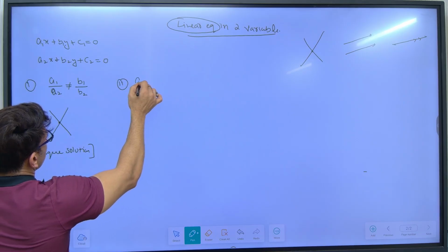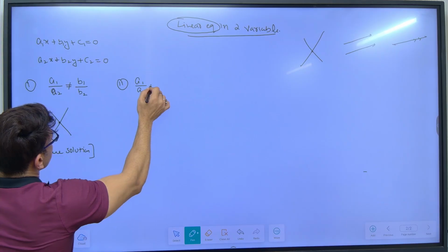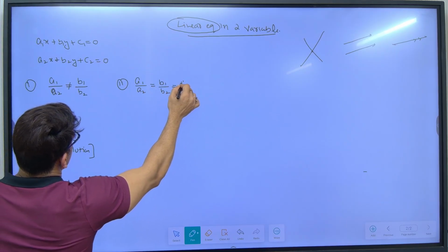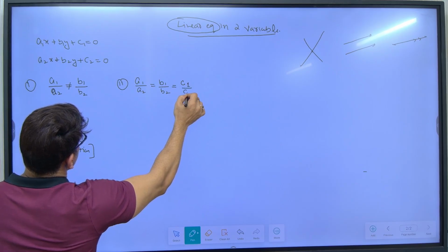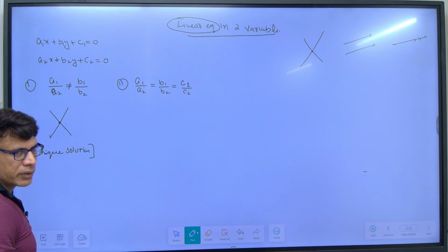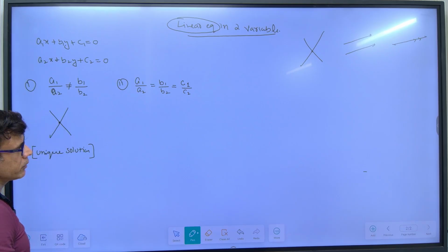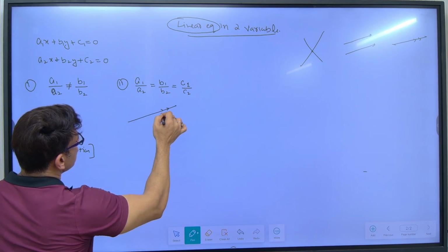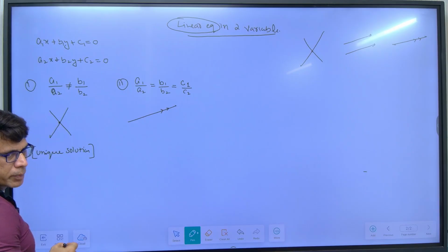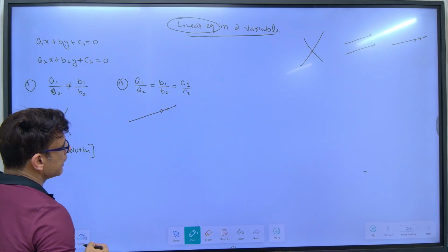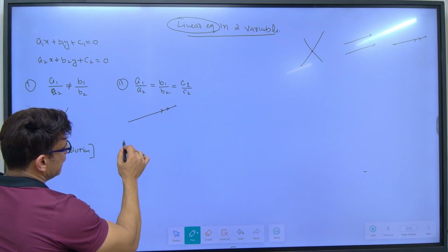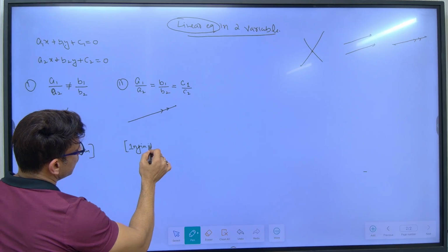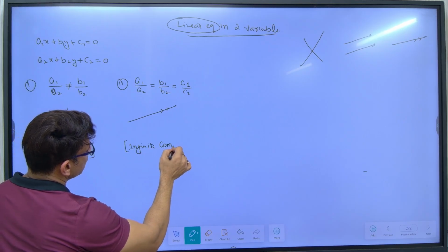If a1 by a2 is equal to b1 by b2 is also equal to c1 by c2, all three ratios the same, that means lines are superimposing, right? Coincident lines, you can say. And in this case, we will have infinite solutions, also called infinite common solutions.